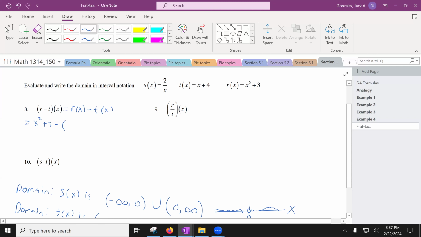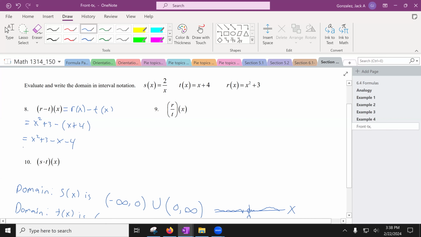Finding them. So there's my R, my T. Why do you put the T in parentheses? Because it's minus the entire T function, so everything will get a minus, so see how it all switches.